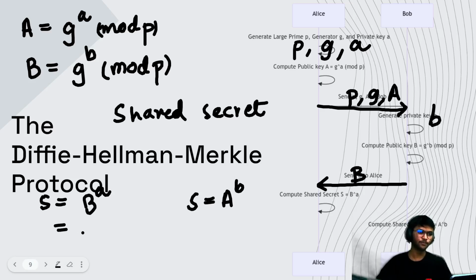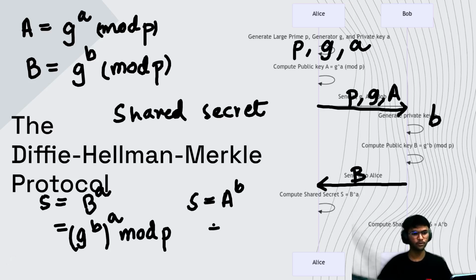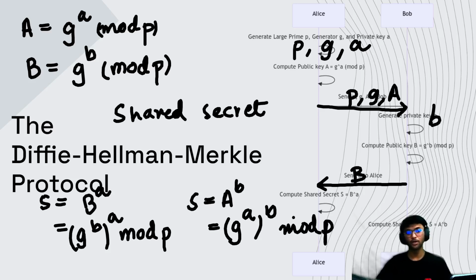What this will mean is, Alice calculates G raised to b, whole raised to a, mod P. And Bob will calculate G raised to a, whole raised to b, mod P. Notice that Alice and Bob have little a and little b themselves, and not these values.